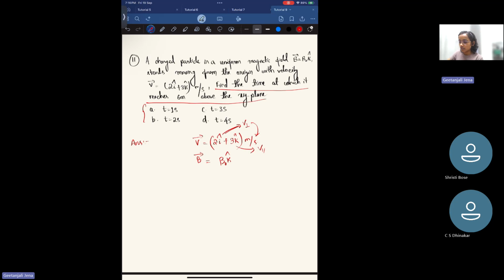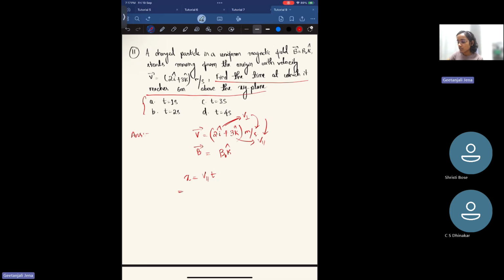So the time to move from the plane to 6 meters above the plane: this is x, which should be v parallel into t, because for v parallel the acceleration is zero. So you can directly relate the position with the parallel component.